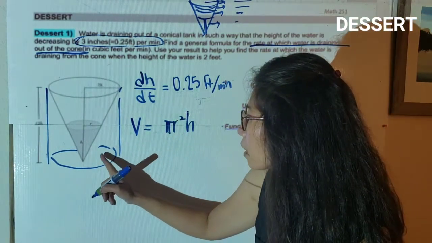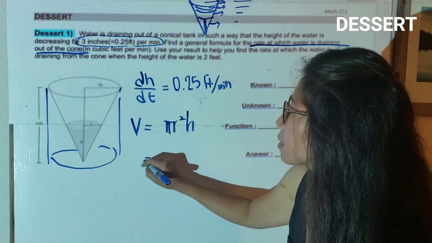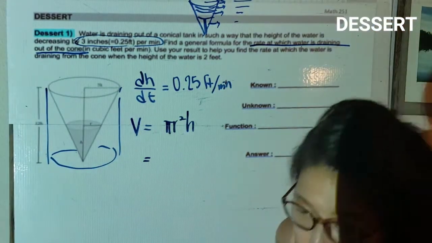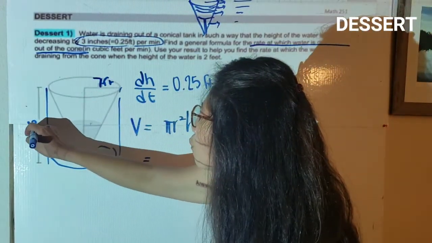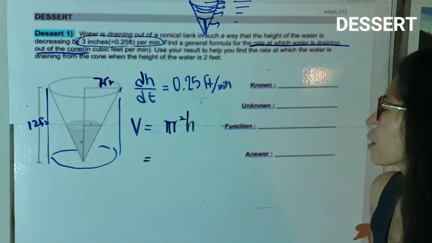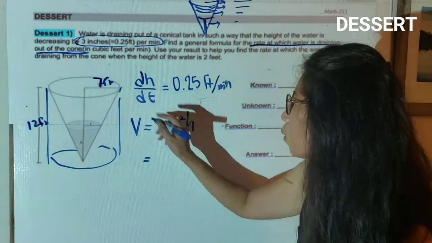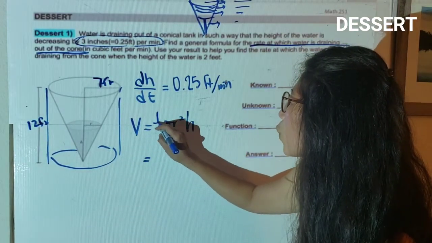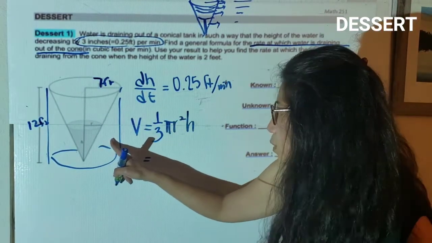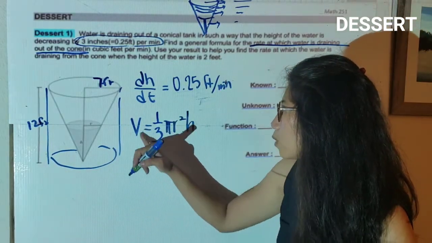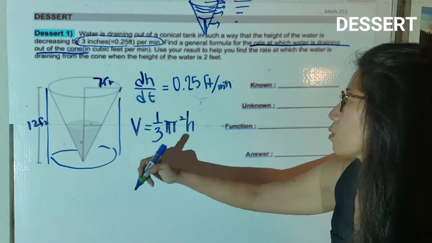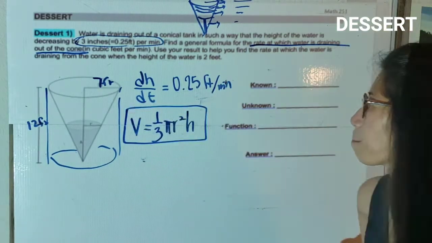In this case, I see that my radius is going to be 7 feet, and the height is 12 feet, and I can rewrite this as a cone. If it's a cone, it becomes 1/3 the amount of the cylinder. So the equation you are going to use is this function.